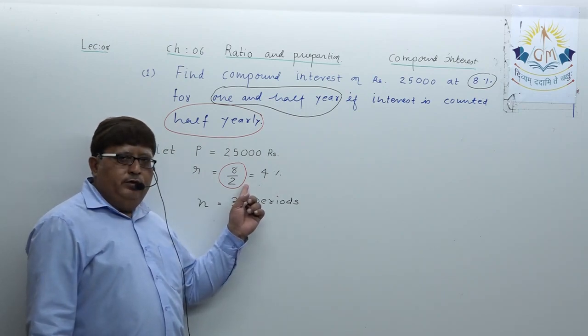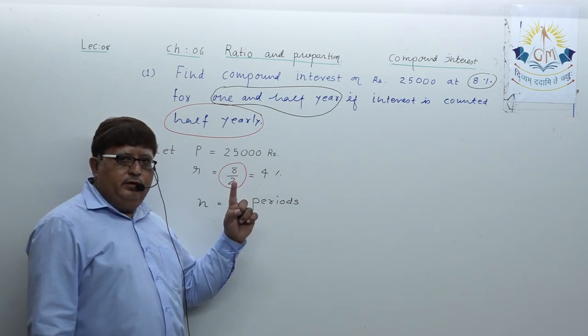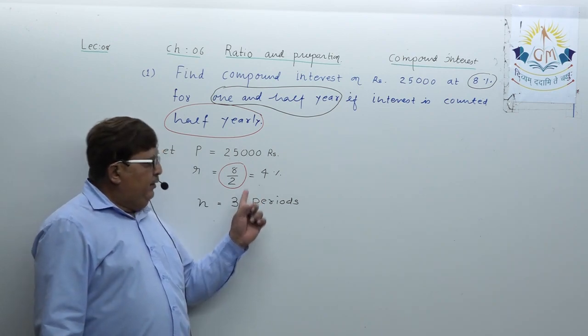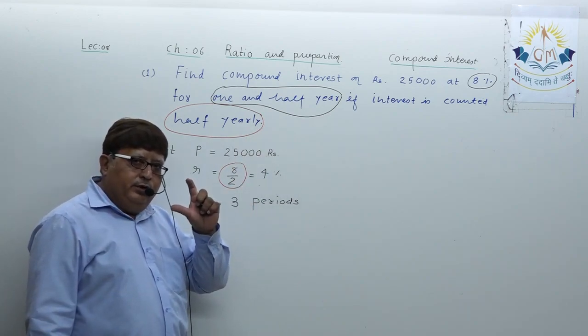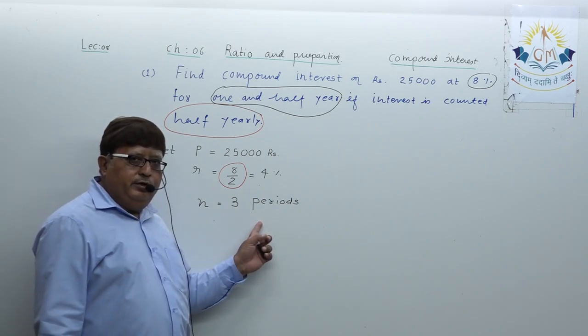What is going to change is the rate of interest. Whatever the rate of interest, it needs to be halved, and from the given time you have to determine n.